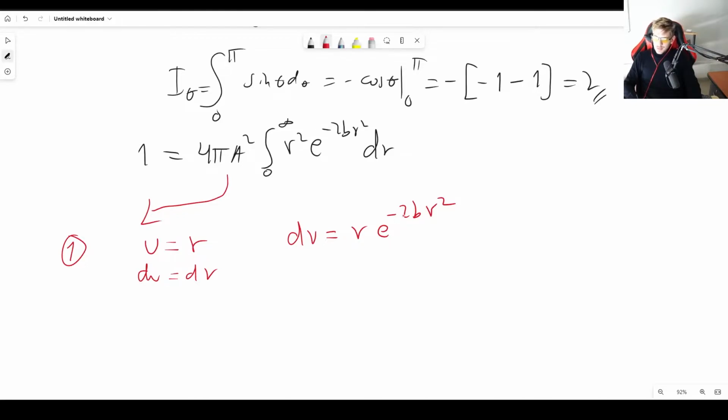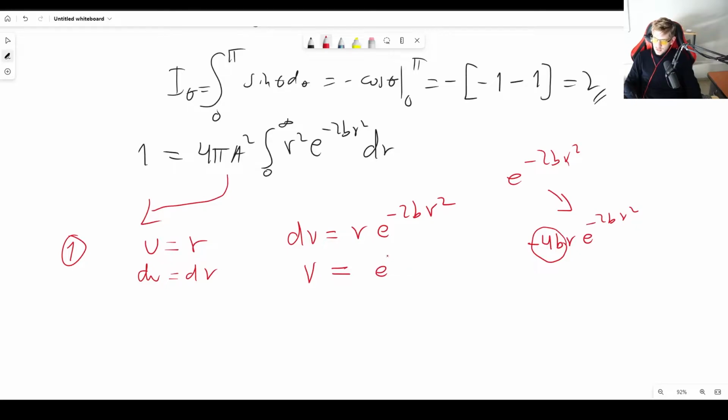The good thing about this is that now finding v is quite easy because if you have e to the minus 2b r squared and you take its derivative with respect to r, you get minus 4b r times the same exponent. So basically, we only need this minus 4b, so we have to divide by it.